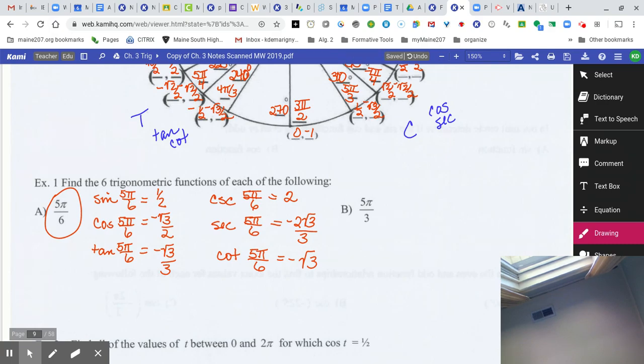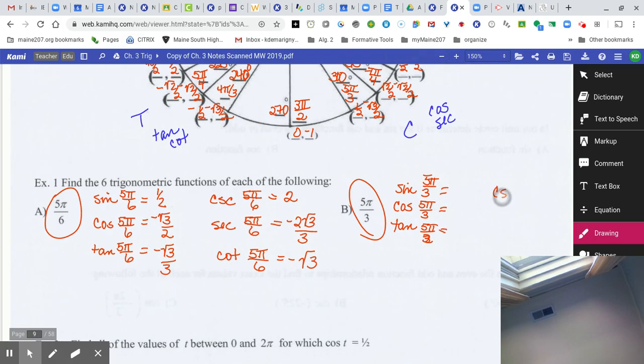So then if they ask me to go to 5 pi thirds, really this is just understanding the unit circle and being able to reproduce that. So if I go sine, cosine, and tan, and what we're looking for is 5 pi thirds. And 5 pi thirds is 1 2/3 of a pi.